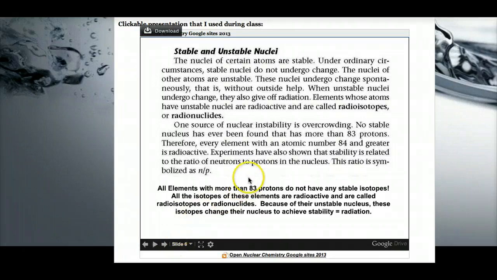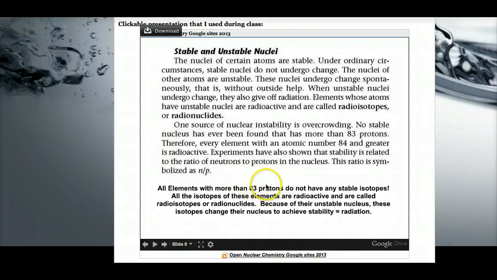We found out that anytime we have more than 83 protons in our nucleus, the nucleus just cannot hold those protons together, and that makes them give off some type of radiation or particle that changes their nucleus to become stable.